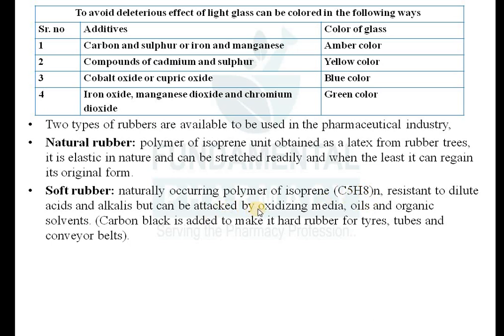Naturally occurring polymer of isoprene unit, and it is resistant to dilute acid and alkali, but not strong acid and alkali. Again, it can be attacked by oxidizing agents, oils and organic solvents. So this is a natural rubber or soft rubber.